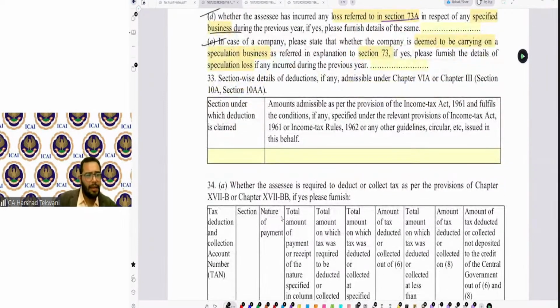33 basically is any amount of deduction admissible under chapter 6A or chapter 3. You need to provide section-wise deduction over here. So these are the list of deductions. Chapter 6A, chapter 3, that is section 10A, 10AA. If any deduction is there, which assessee is claiming, then you need to provide it here.